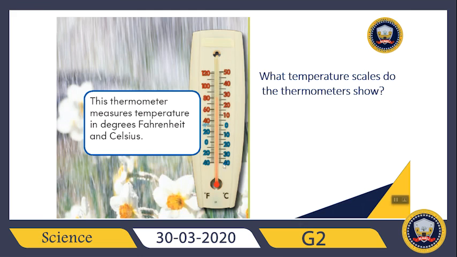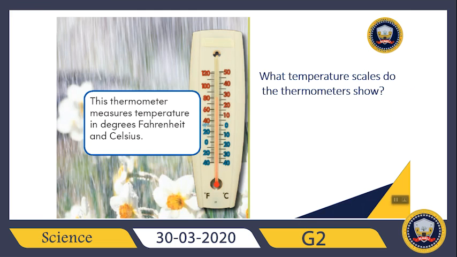You see this red line. If something is cold, it would be maybe here or here, but if something is so hot, the red line will go up, up, up. It depends on the thing you want to know if it's hot or so hot.